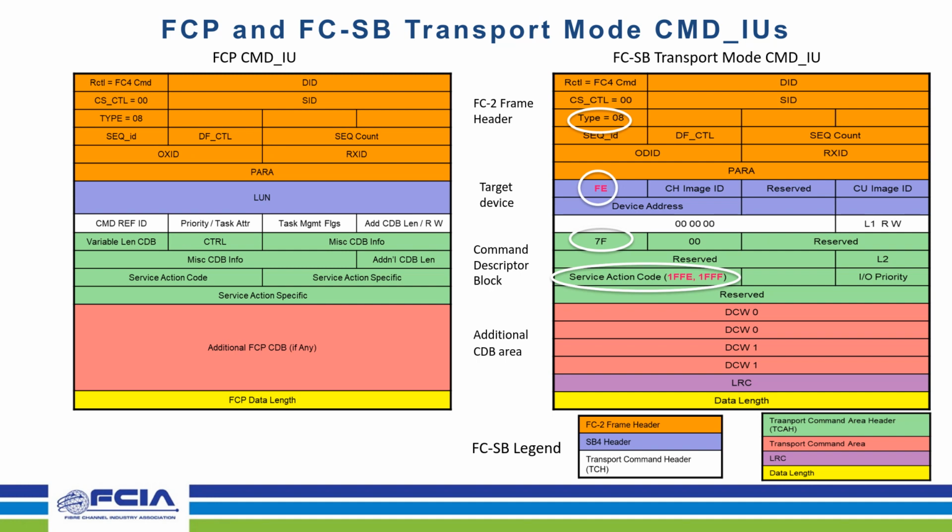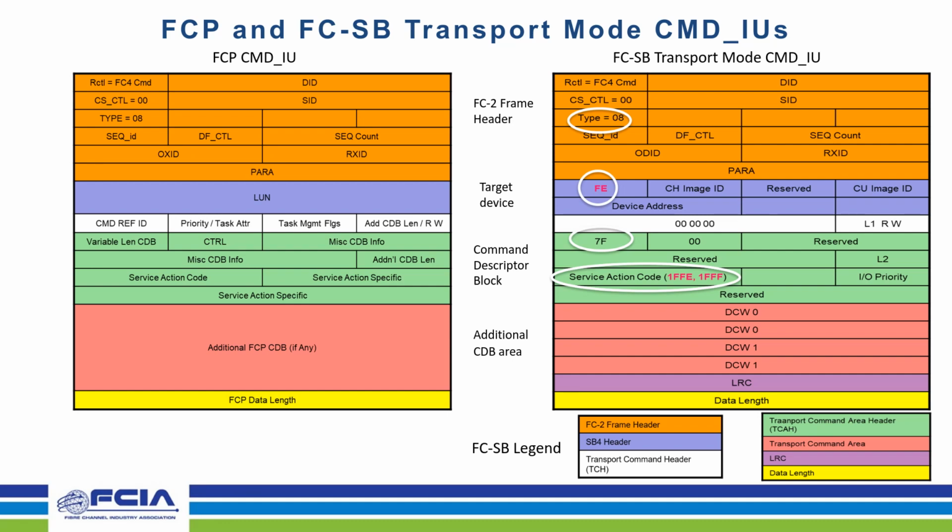The orange part is the fiber channel header. And following that in FCP is the addressing information for the target device. In FCP terms, that's a LUN. Or in SCSI terms, it's a LUN, right? In the SB world, it's a different protocol, a different language.